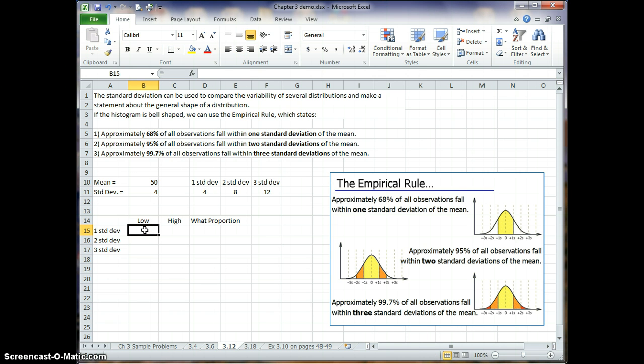In this case, if we take the mean minus 1 standard deviation, that gives us the low for that range. Let me make sure this is centered.